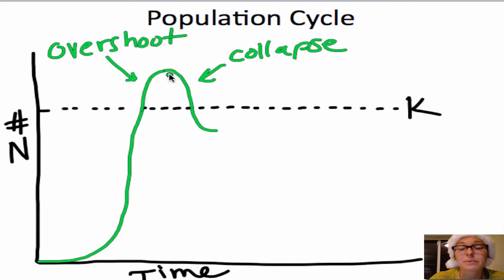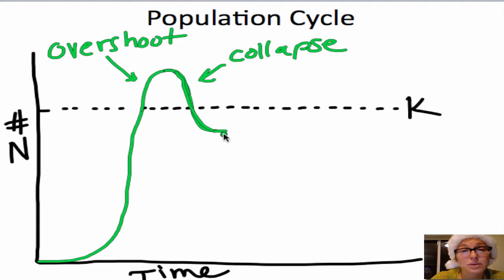It simply can't. So it has to collapse. It has to decrease to a point at which it's going to be more sustainable. Just like we had this lingering effect of the overshoot, the collapse has a lingering effect as well, and the population will actually dip below the carrying capacity. And it'll hang out there for a while.